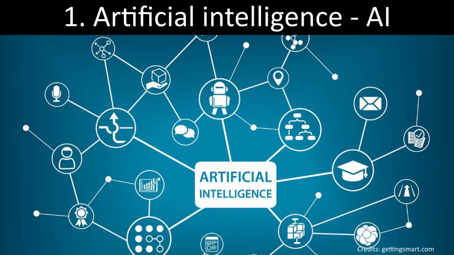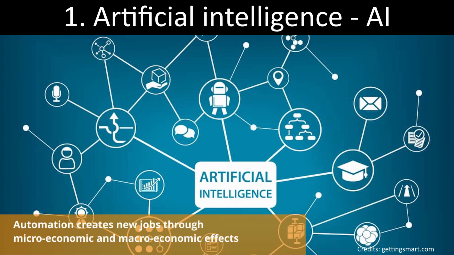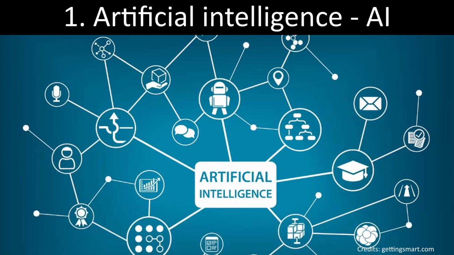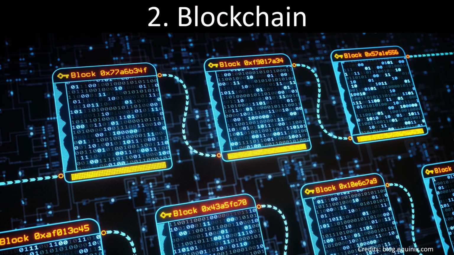Moreover, while automation eliminates jobs, it also creates new jobs through microeconomic and macroeconomic effects. Finally, the worst possible scenario is the possibility that AI could evolve to the point that humans could not control it.